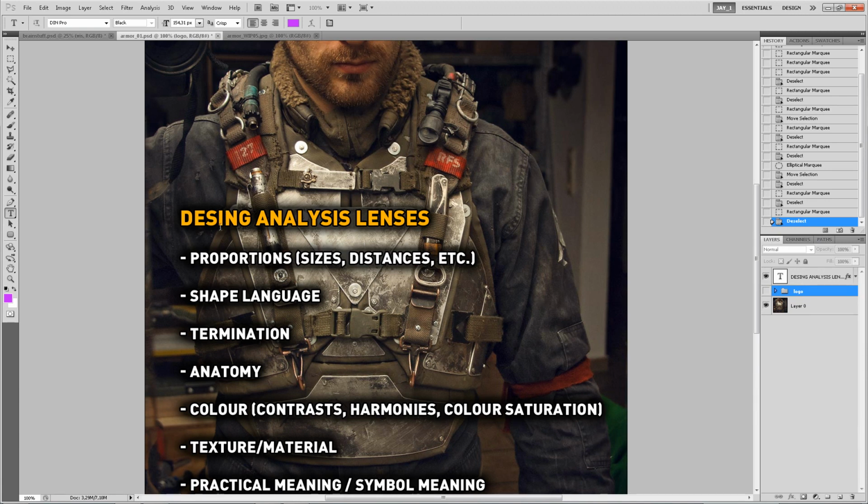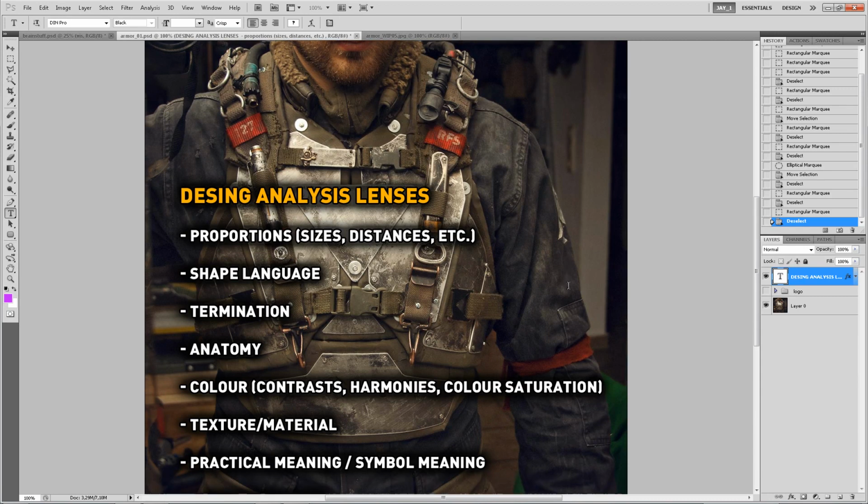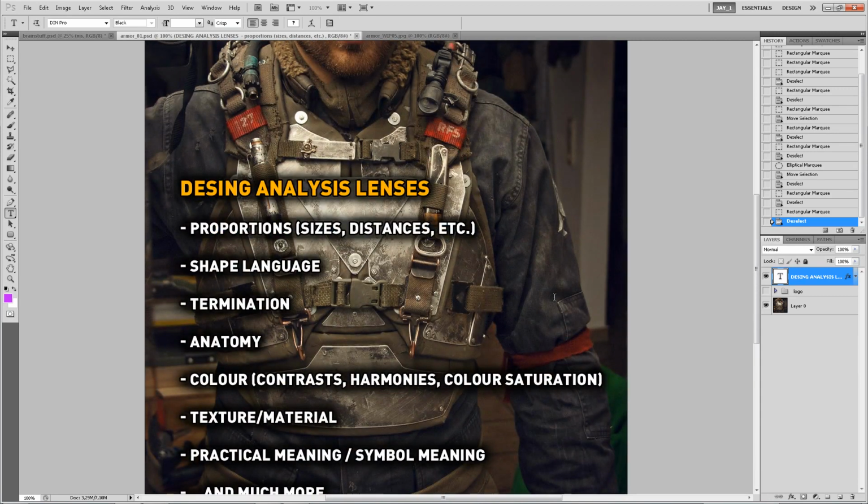Okay, so what I wrote down for you are design analysis lenses. The term lenses, I borrowed this from Jesse Schell, the author of a very good book about game design called The Art of Game Design, and he uses those lenses of game design for analyzing games that you make.